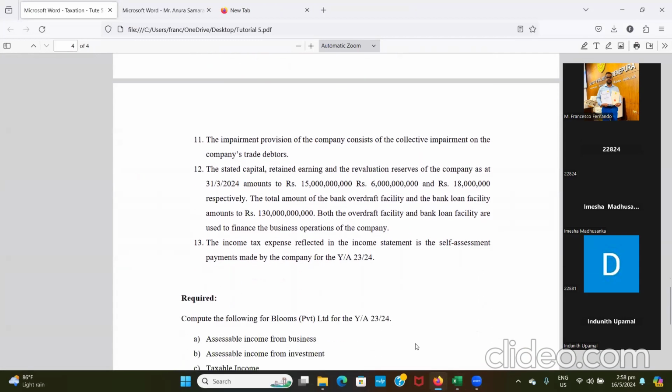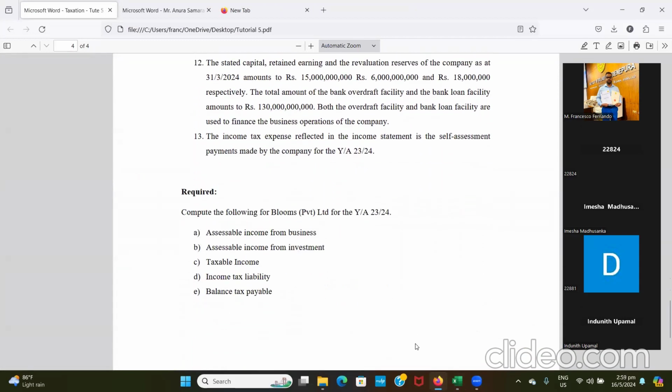Then this is very interesting, the 12th one, right? The stated capital, yeah, it's better if someone can read this. The 12th adjustment, this is a very big one. Can someone please read?